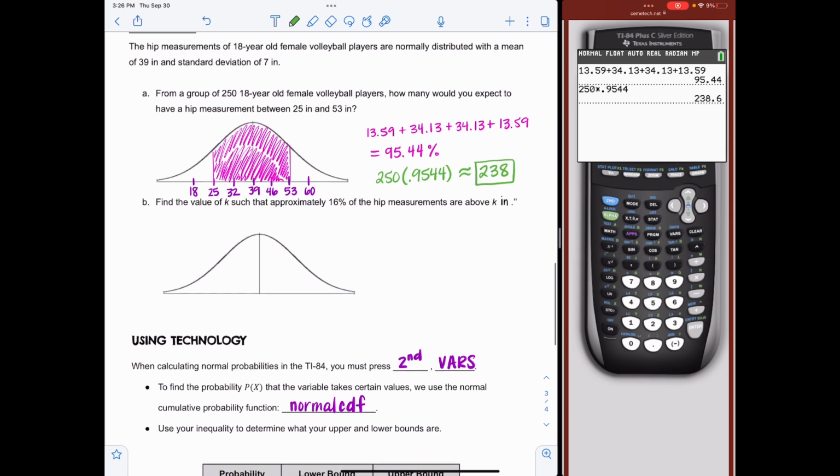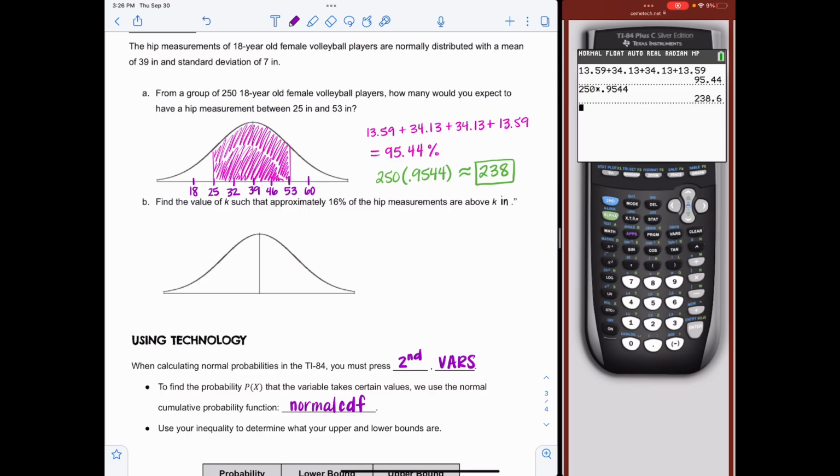So now, part B says that we want to find the value of K such that approximately 16% of the hip measurements are above K inches. So we already know all of the numbers under our normal distribution curve should add up to 100%.